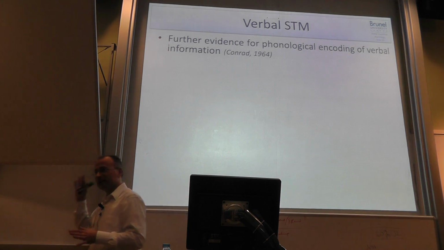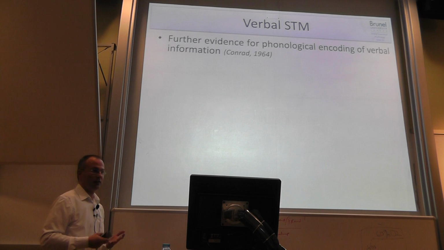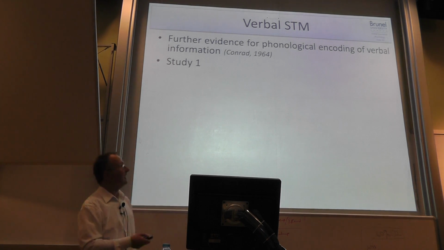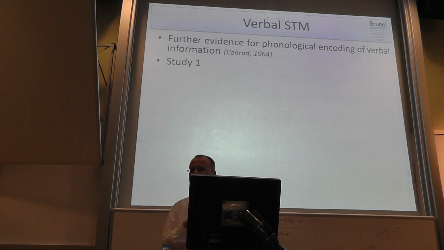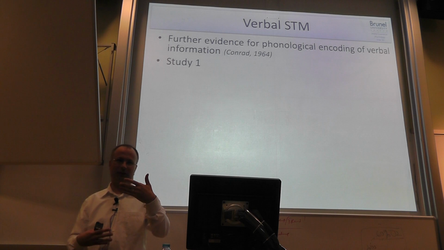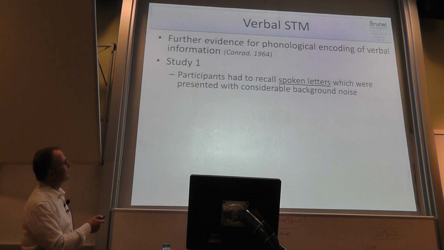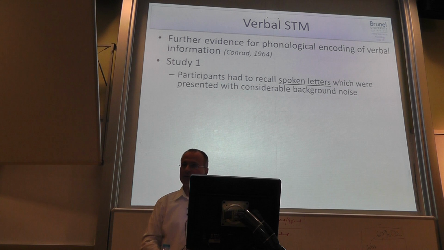So there's quite a bit of evidence that we actually do this phonological encoding of verbal information. One study, a very early study done by Conrad in 1964, is a series of 2 studies which you need together to see the evidence. In the first study, participants had to recall just spoken letters which were presented with a lot of background noise.